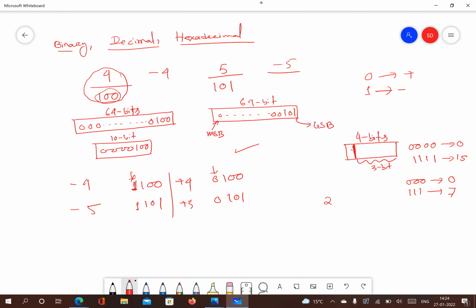So minus 7 to plus 7. Only these numbers can be represented with these 4 bits. Though to represent 7 we need only 3 bits, the sign bit needs one more bit here. So 1 bit will be required for sign.